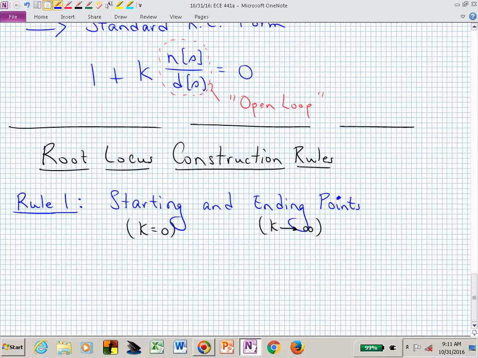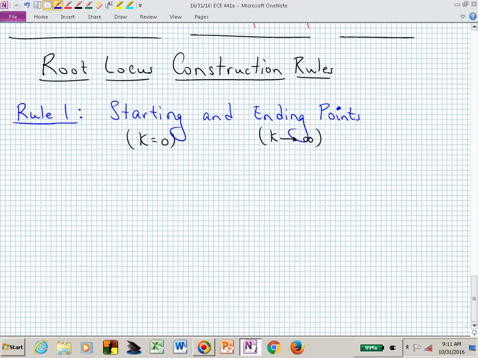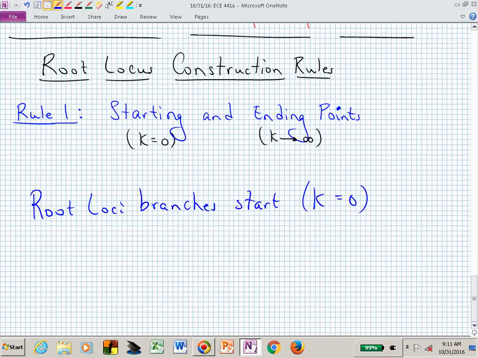Starting and ending points of the root locus. Rule number 1. The root loci branches start, that's with k equal to 0, on the open loop poles.